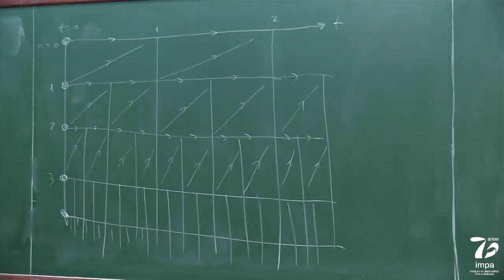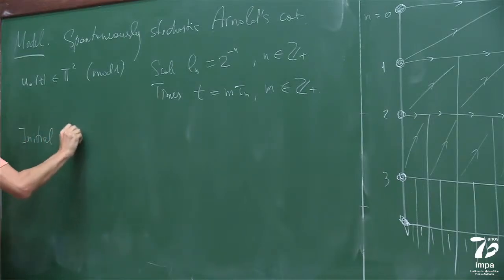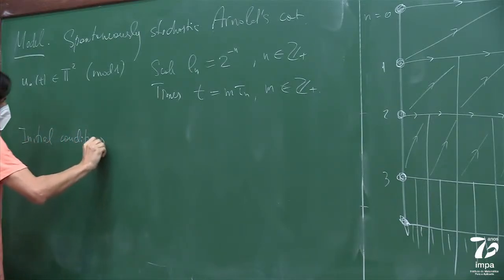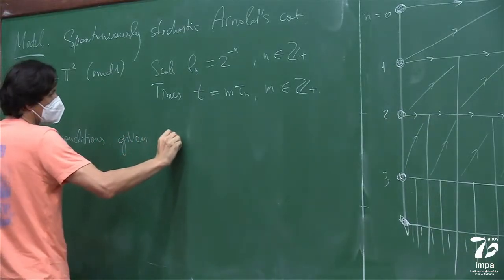So what we do, first we take the initial condition. So it's given, u_n at time 0.